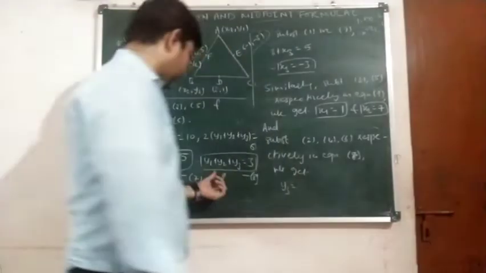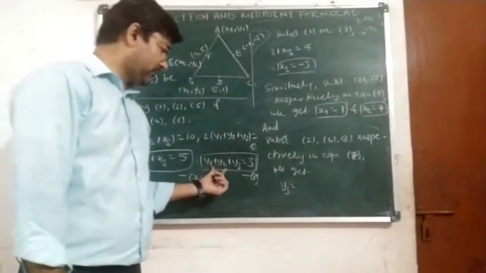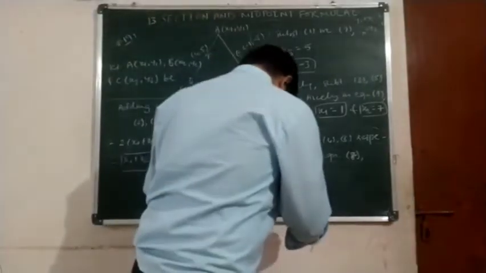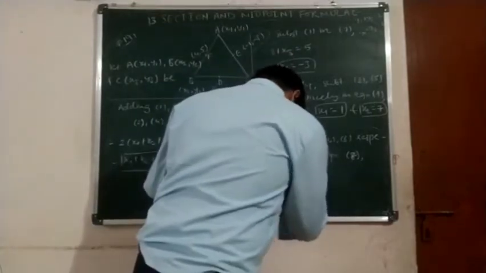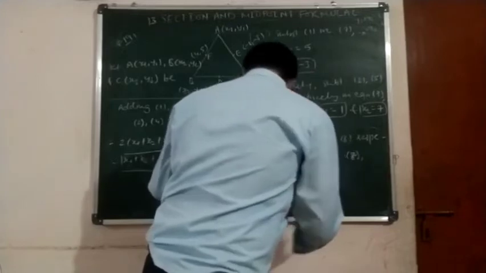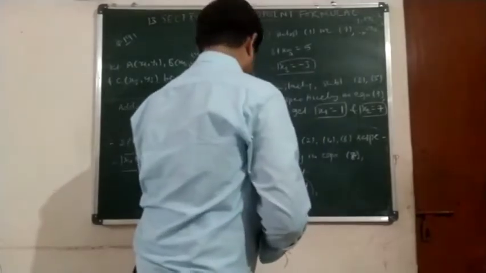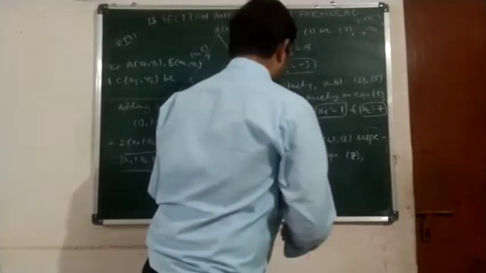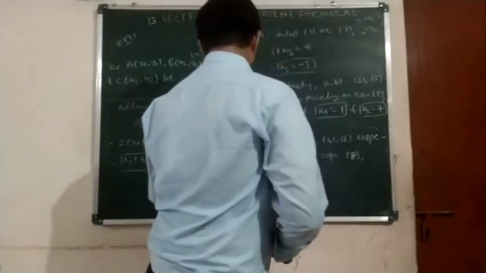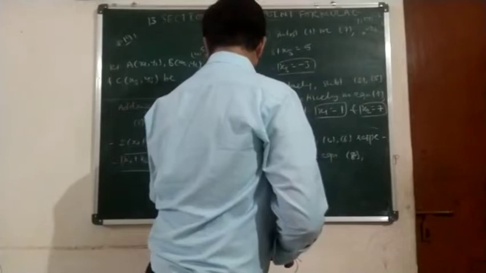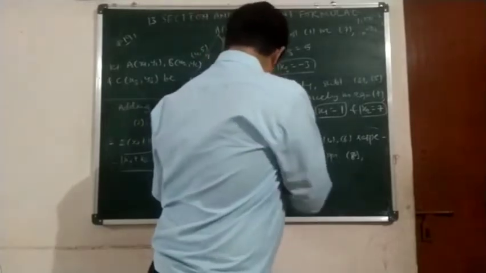Okay, so if you substitute here y1 plus y2 is equal to 10, so 3 minus 10 we will get minus 7. Yes or no? And then y2 plus y3 we have noted down, that is 2. Okay, (y2 plus y3) by 2 is equal to 1.